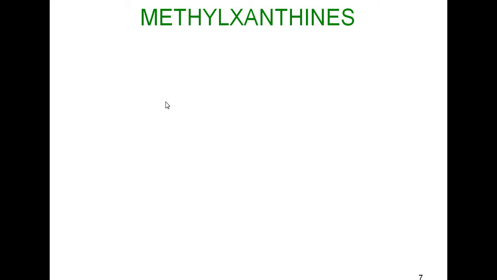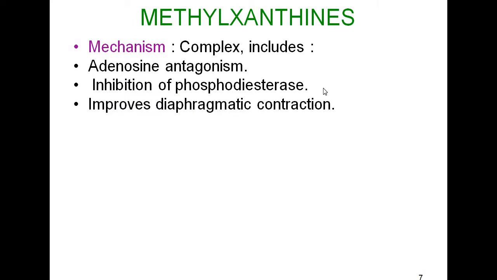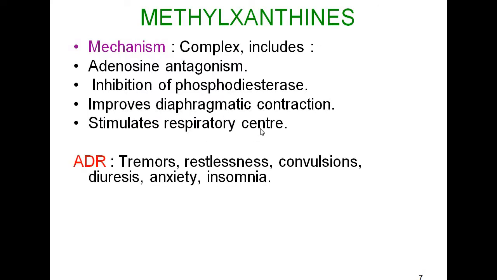The methylxanthines. The mechanism of the methylxanthines, that is aminophylline, theophylline, is complex and includes adenosine antagonism, all this in the bronchial smooth muscle, inhibition of phosphodiesterase, so cyclic AMP levels increase, resulting in bronchodilation, contraction of the diaphragm improves, respiratory center is stimulated.